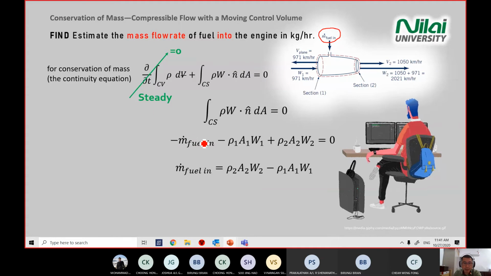We move this one from the left to the right and it becomes positive. Then we rearrange because we like positive first: the section 2 component minus the section 1 component. Again, the minus is because of the direction of your n hat.